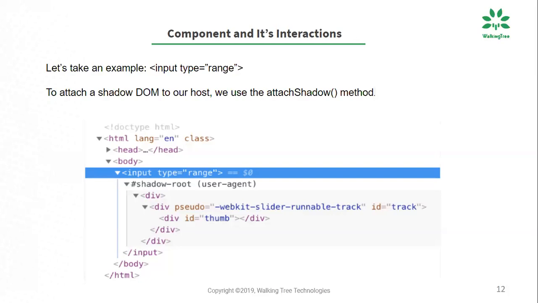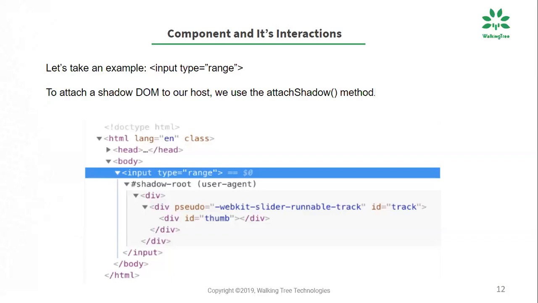So with the attach shadow method, we are attaching a shadow DOM to that div. Okay, and the definition is like this. The outer encapsulated selector element is input, but inside we can see there is a template with divs and styles.